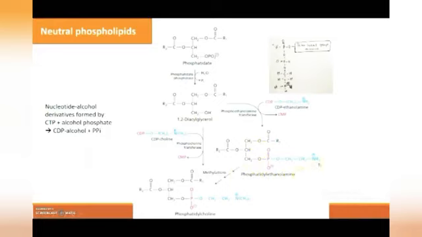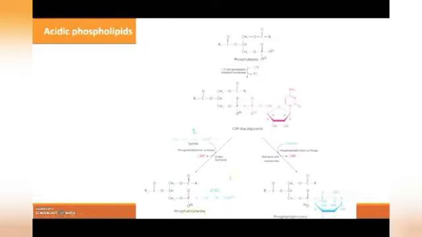But because this is NH3+, a methylation reaction will occur by changing the H that binds with N into a methyl group, and it will form phosphatidylcholine. The phosphatidylcholine is commonly found in the cell membrane. This is a neutral phospholipid.